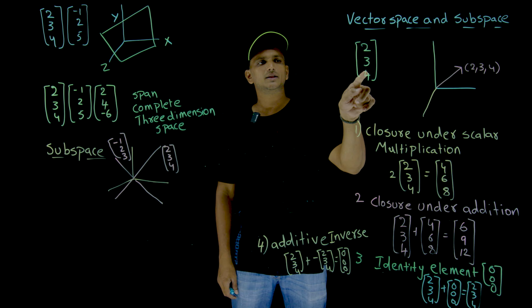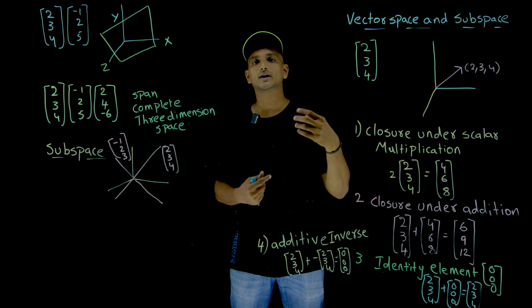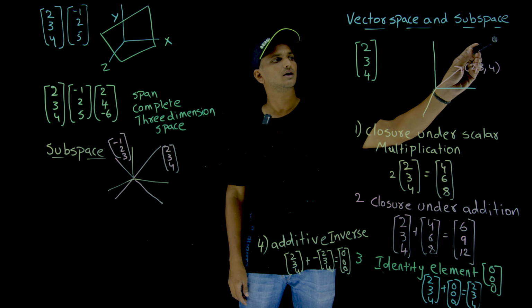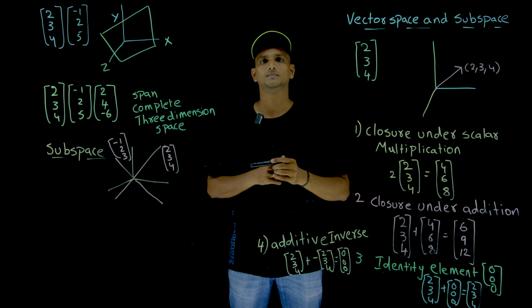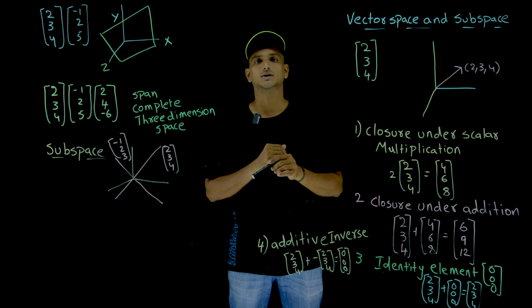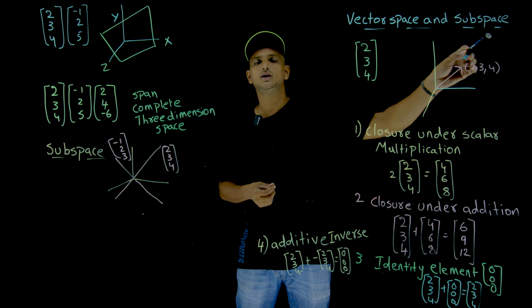So when you multiply this vector with 2, 4, 6, 8 is the vector which we got. That vector will be somewhere around here and it has the same direction. This intuition we already provided in our last class. By taking this vector, we are able to move to the next point 4, 6, 8 somewhere around here.